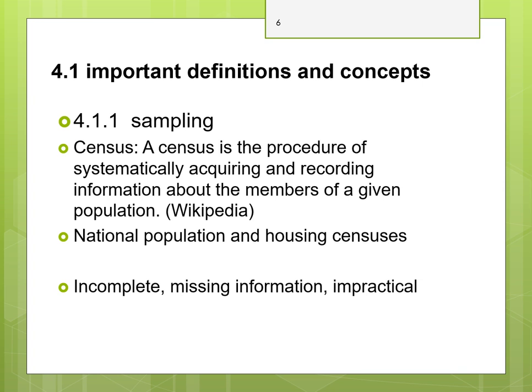But we can know that the census must be incomplete because it's common that we will miss some information. You cannot find everyone in the census. You must lose some persons.